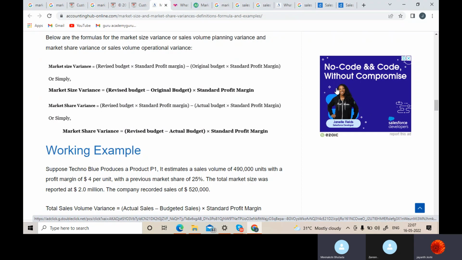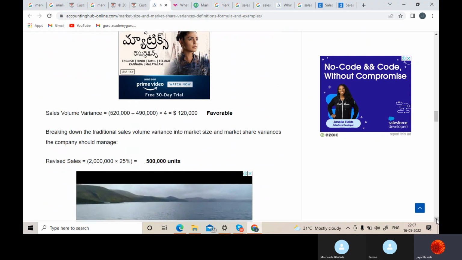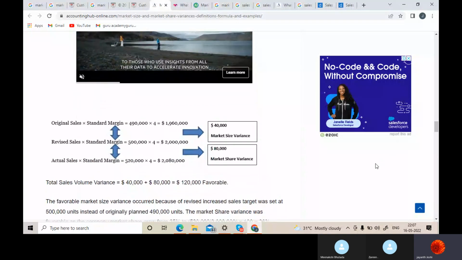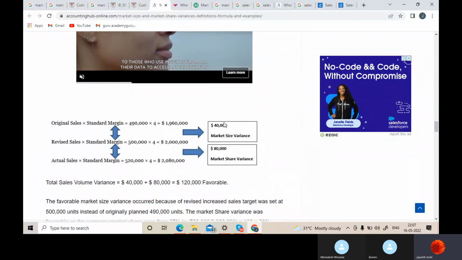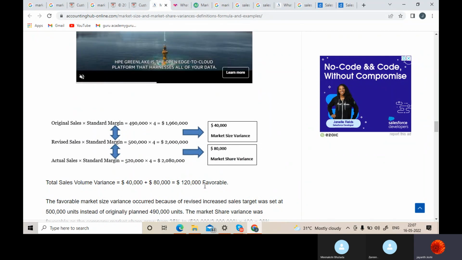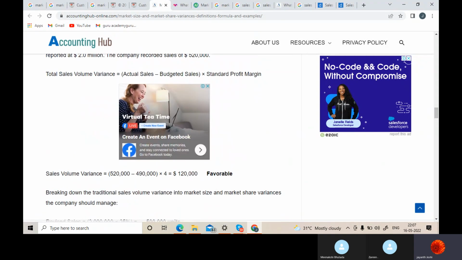Sir, 1,20,000. Very good. Done. So market size variance is 40, market share variance is 80. Total is 120. Correct? You got the same thing, sir.